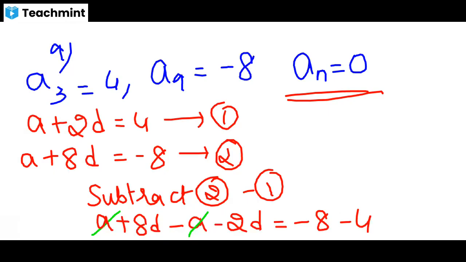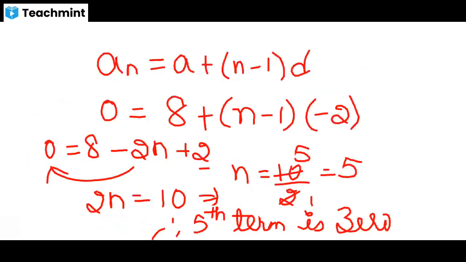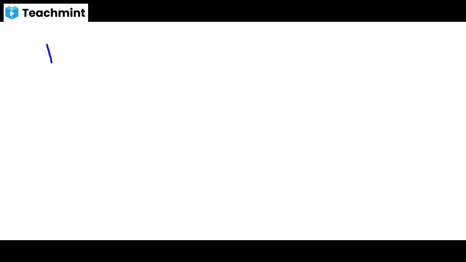Next, 10th question. Have all of you completed this? Okay. 10th question. The 17th term of an AP exceeds its 10th term by 7. Find the common difference.